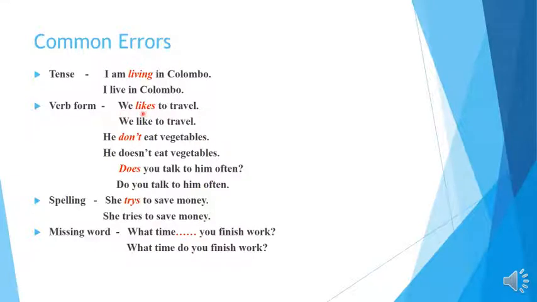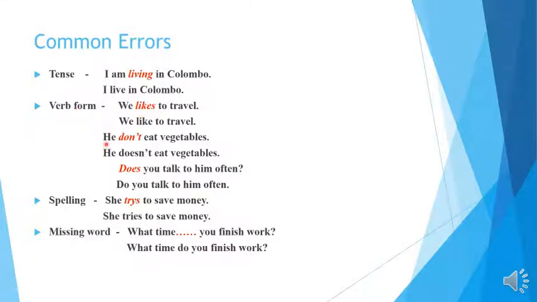In this case, the subject is plural, it is we, then you can't use likes, you have to use like. So we likes to travel is wrong. You have to use we like to travel. And that is a mistake in the verb form.